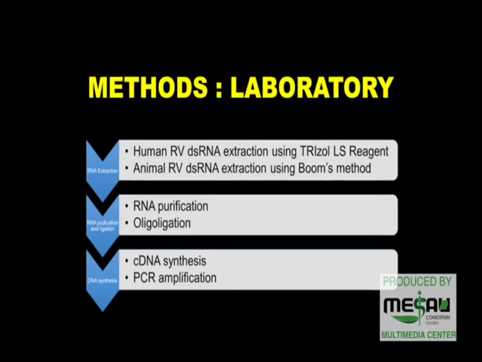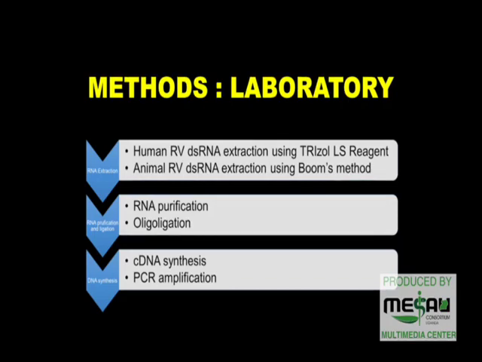After that, we added lithium chloride to remove the single-stranded RNAs, and then we purified the double-stranded RNAs. We ligated oligonucleotides to those double-stranded RNAs, and then we did cDNA synthesis and carried out PCR amplification.